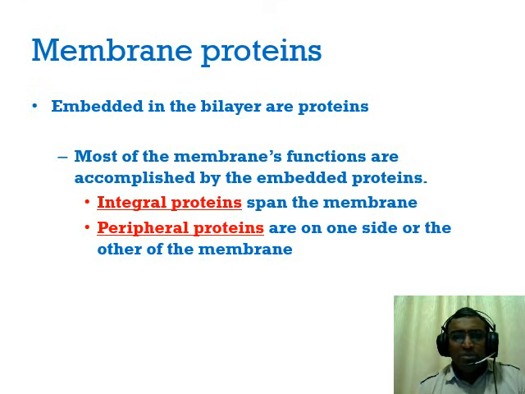The membrane proteins embedded in the lipid bilayer could be either integral, where the protein runs across the lipid bilayer, or peripheral, where the protein is on the inside of the cell membrane of the lipid bilayer.